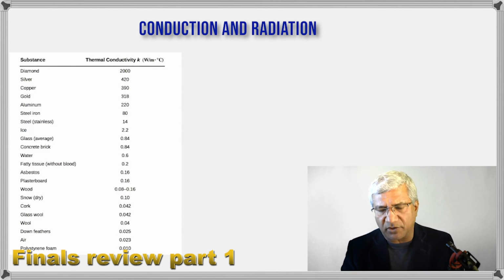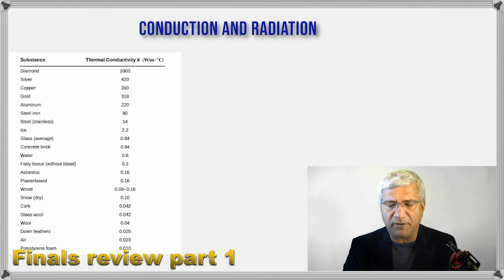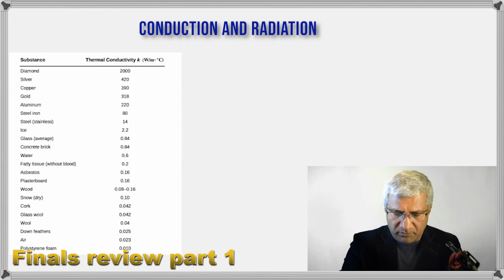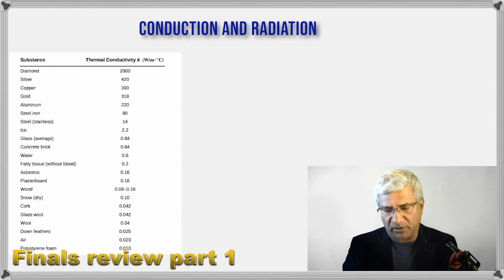But here are some of the thermal conductivities. Diamond has a huge thermal conductivity, you see, 2000. Take note of the units. It's watt per meter per Kelvin, that is, watt meter raised to minus 1, Kelvin raised to minus 1, or Celsius, same thing.